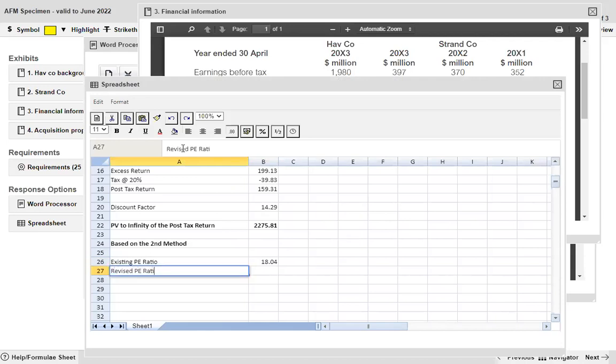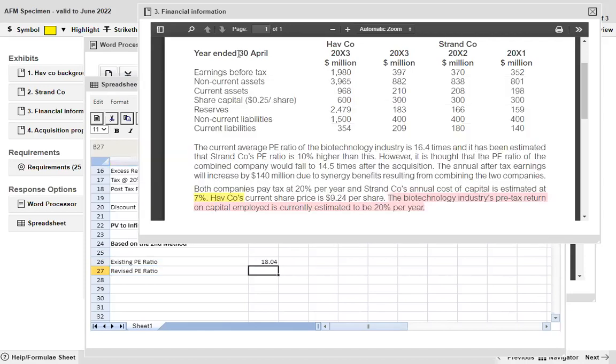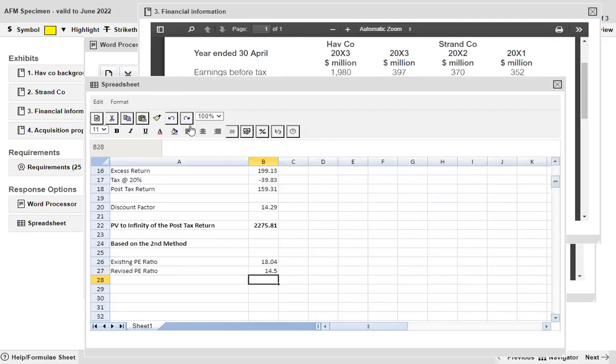The revised P/E ratio is going to be 14.5 times. The reduction in P/E ratio is going to be 3.54 times.